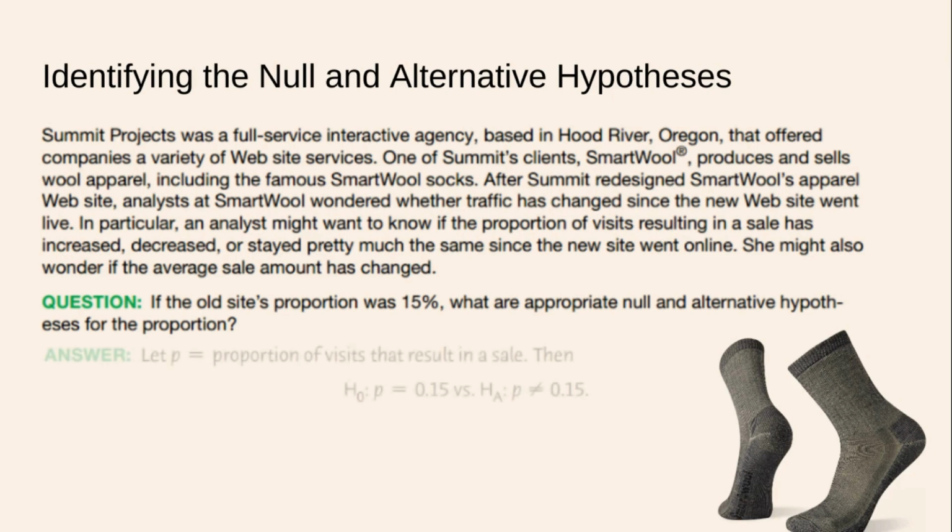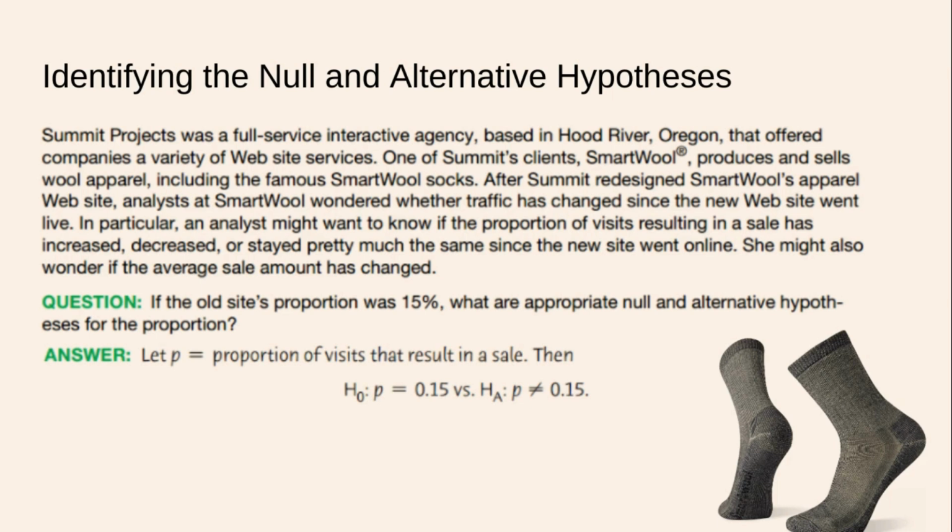Here we go. We're going to let P be the proportion of visits that result in a sale. So we've defined our variable, our parameter P, the population proportion of visits that result in sale. Then the null hypothesis is P equals 15%.